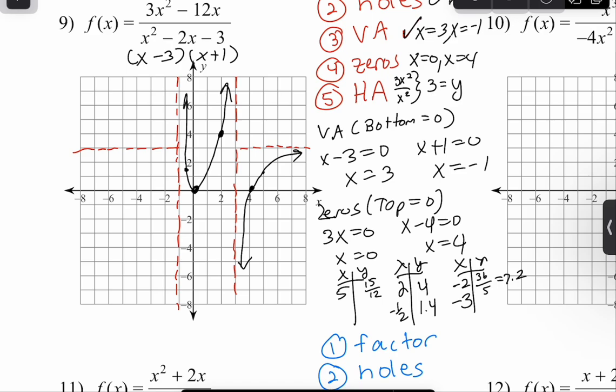So go over to negative 2, I'm up at 7.2. If you plug in negative 3, let me tell you what we get. I get 5.25. So this piece is right here.